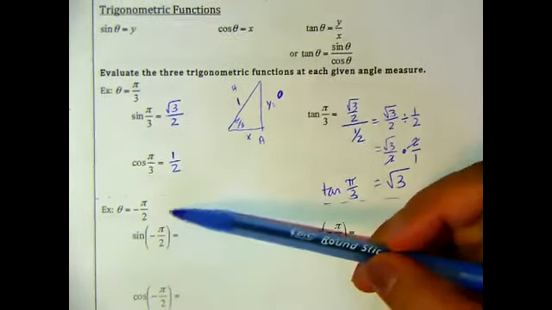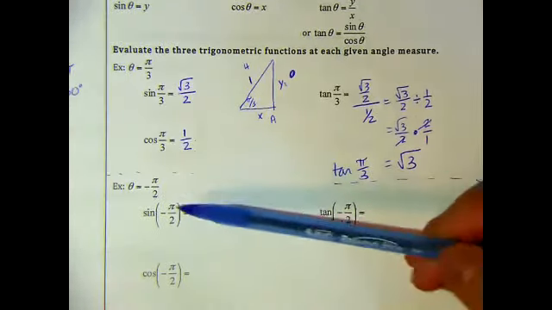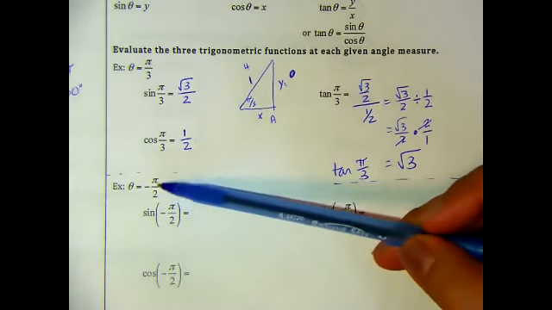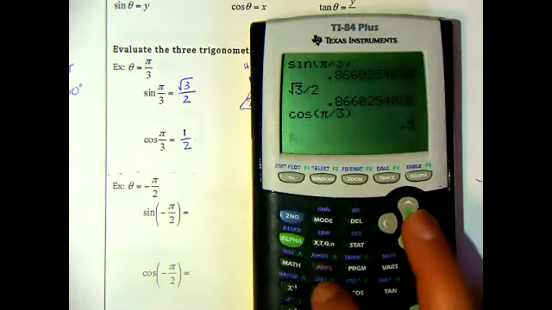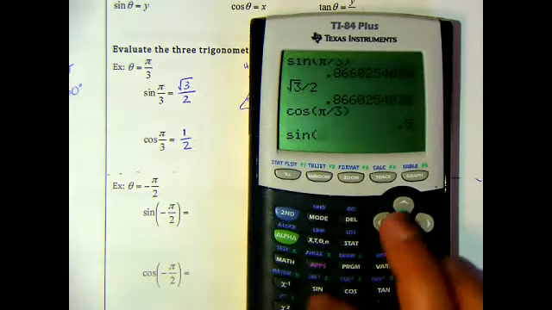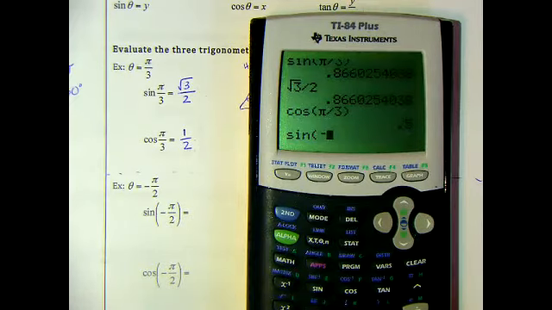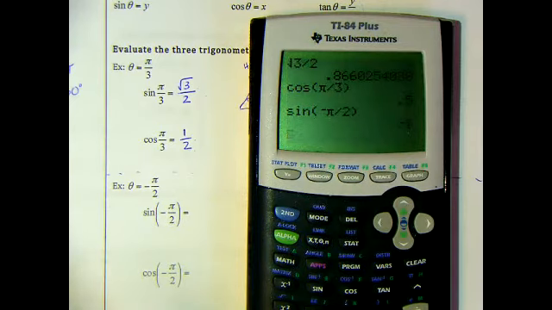So for our next example, we have theta equals negative pi over 2. Why don't we try this out? If I have sine of negative pi over 2, I get negative 1. How does that happen? Why is it negative 1?